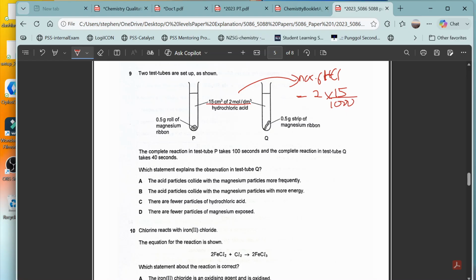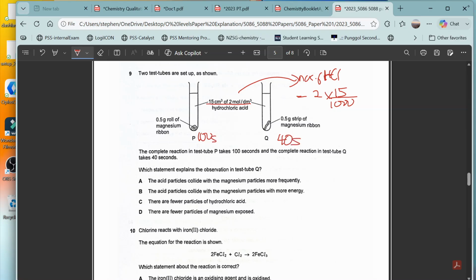Take 2, which is the concentration, multiplied by 15, the volume. Okay, this is the number of moles of HCl present in the liquid. Okay, never mind. This is not a calculation, so I just practice. The complete reaction in tube P takes 100 seconds, and this one 40 seconds.